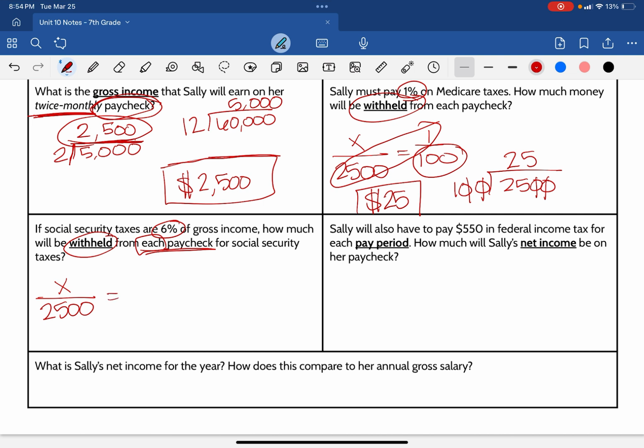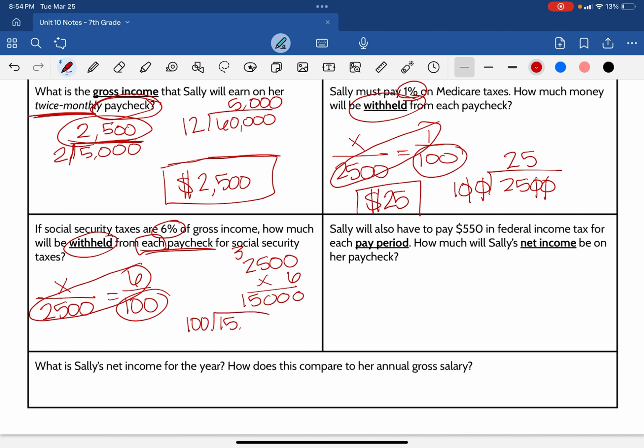Equals, we're looking at 6%. 6 out of 100. There's your bat and ball. 2,500 times 6 is going to be 15,000. And then we'll divide that. So 100 into 15,000 is going to be $150.